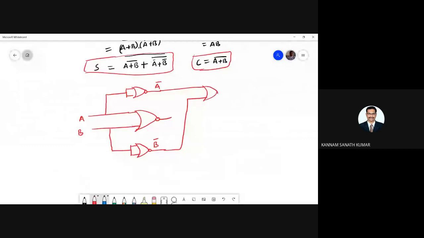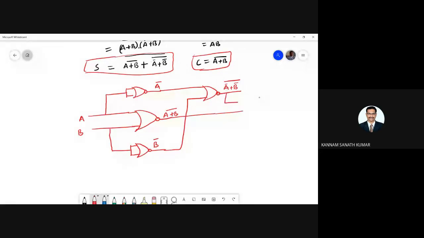So this is nothing but A bar plus B bar whole bar, and this is nothing but A plus B whole bar. I'm taking this input and this input and connecting them to one NOR gate.